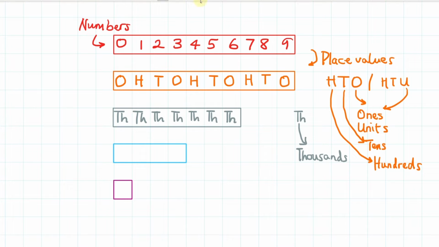So this is something to keep in mind, because once we are going from right to left, we are going to notice that TH is going to be right under our O, T, and H. And so the thousands is going to be right under our ones, our tens, and our hundreds, as we see right there.